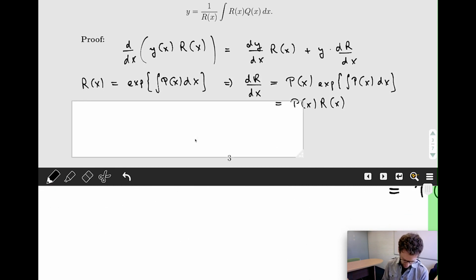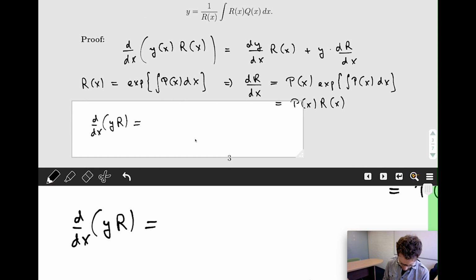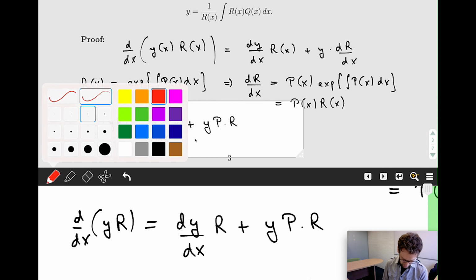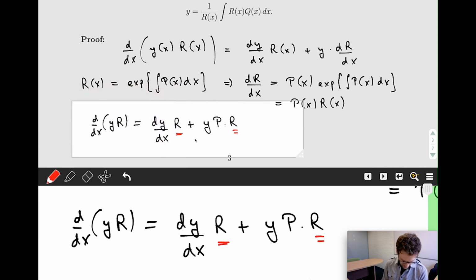Let's put that into our derivative up above. So I've got d/dx of y times r is dy/dx multiplied by r plus y times p times r. And you notice there that I've got a common factor of r. Let's take that out.